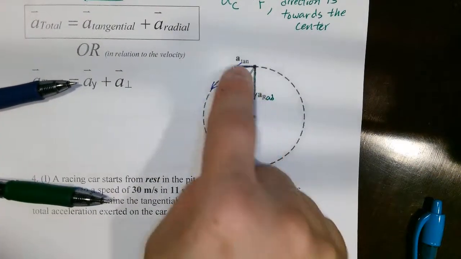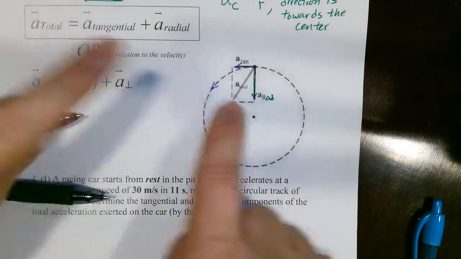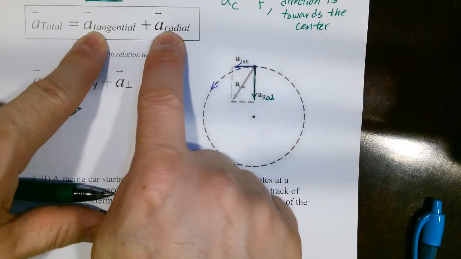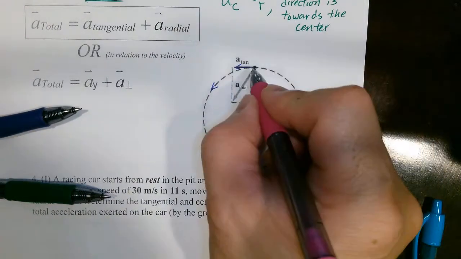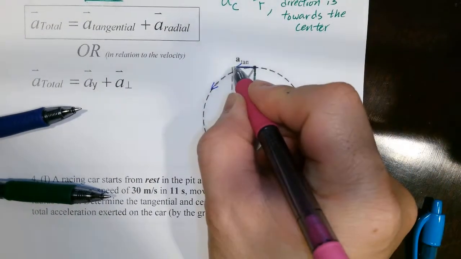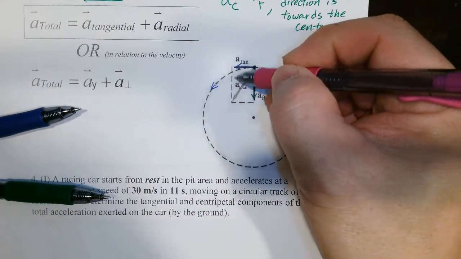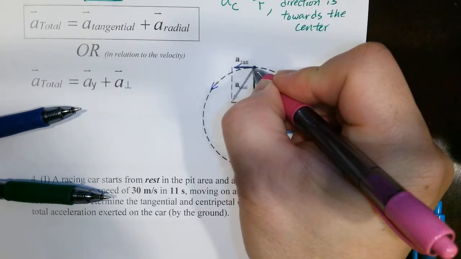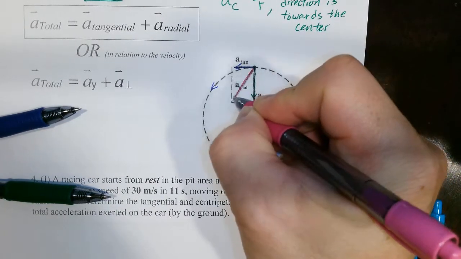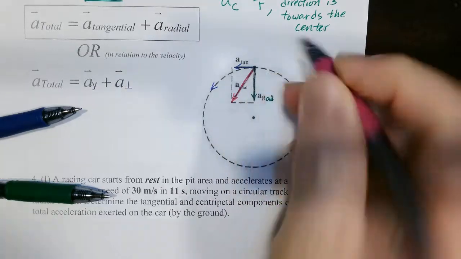When I add these two accelerations vectorially, I would have A tangential plus A radial, and this would be my A total. This is the total acceleration.